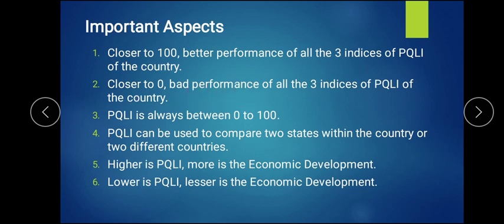This also helps us compare two states, whereas national income and per capita income are only for countries; with PQLI you can easily compare region to region or state to state. The higher the PQLI, the more the economic development; the lower the PQLI, the lesser the economic development, and it is always between 0 and 100.